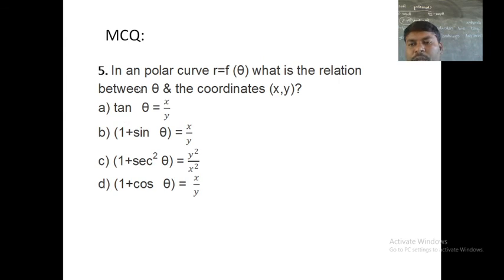Fifth one, in a polar curve r is equal to f of theta, what is the relation between theta and the coordinates x, y? The answer is C, the relation between theta and the coordinates x, y is 1 plus secant square theta is equal to y square by x square.